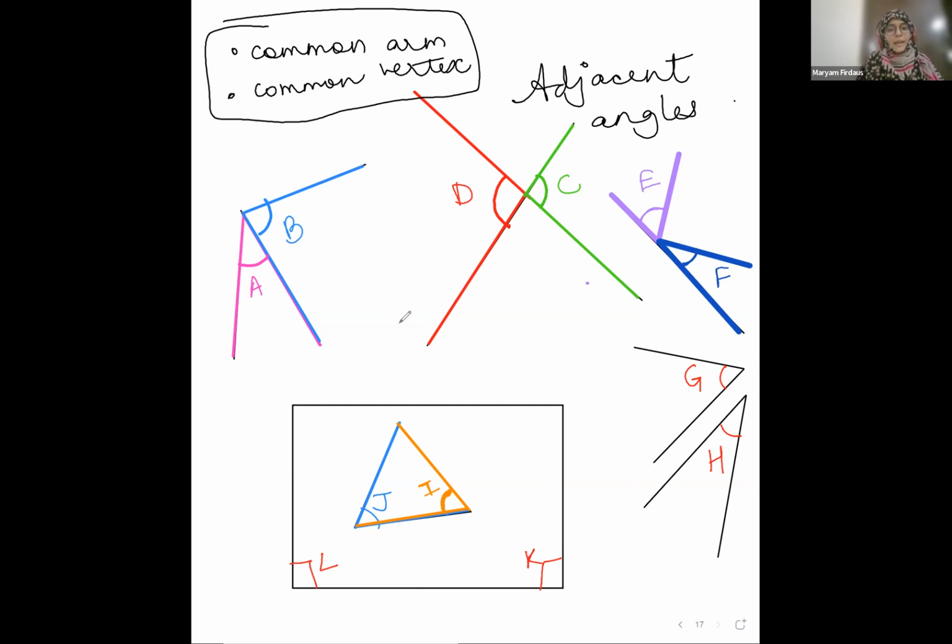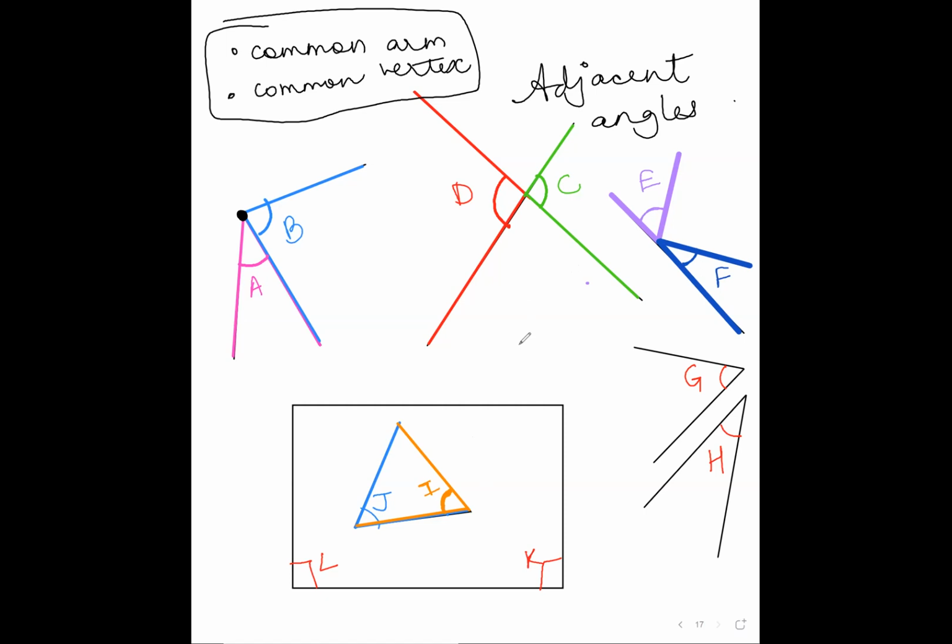So for angle A and angle B, this is the vertex. Are you understanding? Okay, any other pairs of angles that are adjacent? No, that's it. Because over here, they have a common vertex but no common arm. Here also the same, common vertex, no common arm. Over here, they have a common arm, but no common vertex.